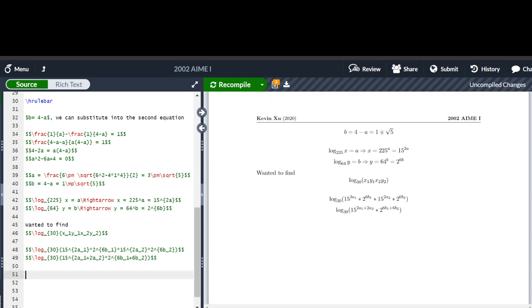Similarly, for b1 and b2, they are 1 minus root 5 and 1 plus root 5. So adding them together gives you 2 because the root 5s also cancel out.